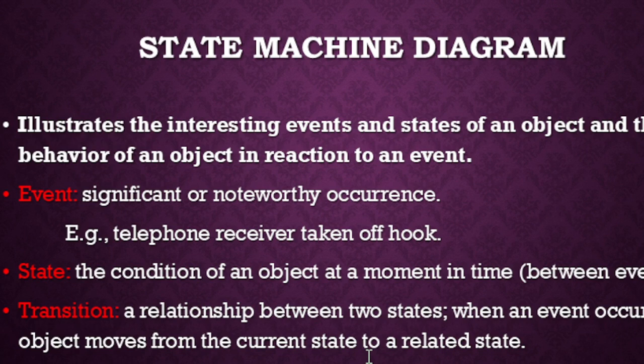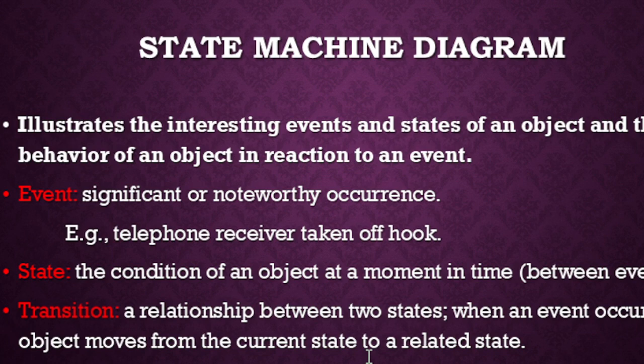Transition is the third important aspect which we cover in the state model diagram, that is the relationship between two states. Whenever there is an event and there is a response, it is quite possible the object changes from one state to another.